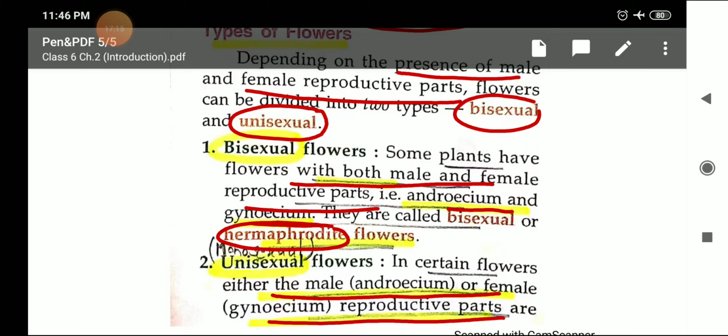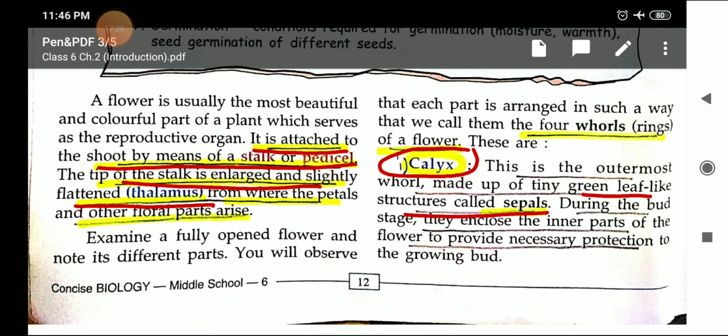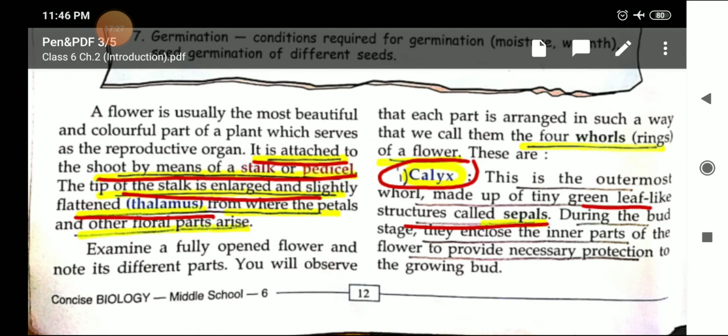So children, today we discussed the main parts of the flower and the types of flower. Now let us just recap the topics which we have discussed today. Okay. First of all, the stalk of the flower is known as pedicel.